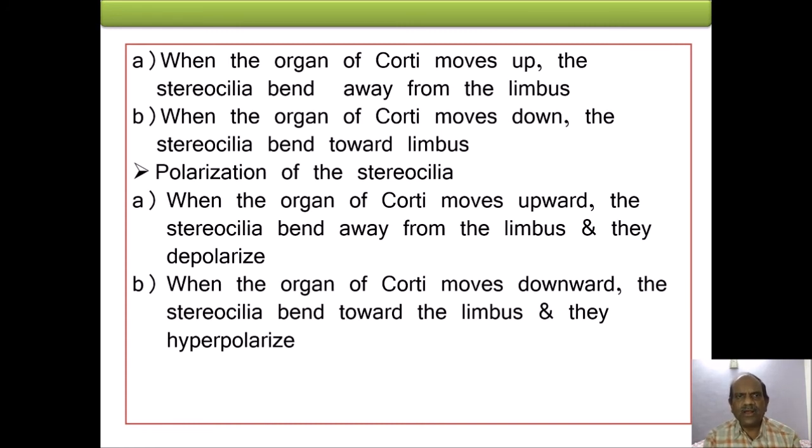One important thing is the polarization of the stereocilia. When the organ of Corti moves upward, the stereocilia bend away from the limbus and they depolarize. When the organ of Corti moves downward, the stereocilia bend toward the limbus and they hyperpolarize.